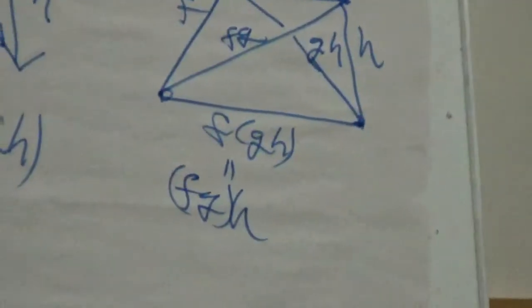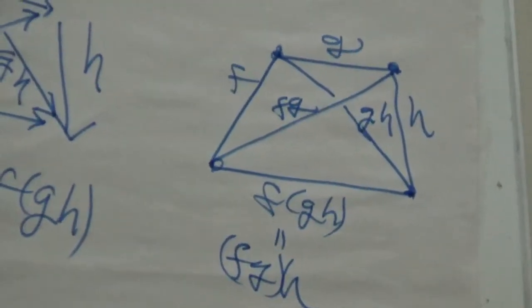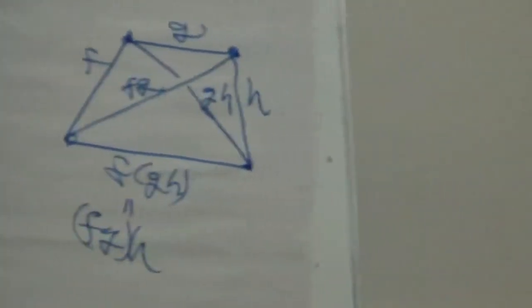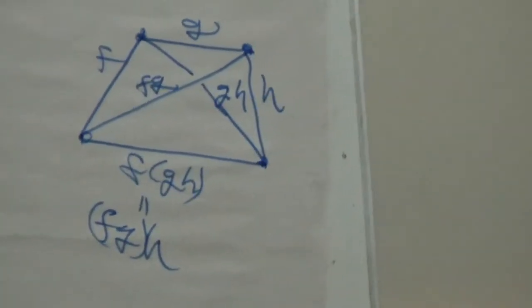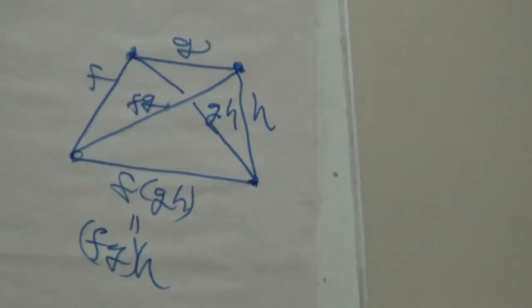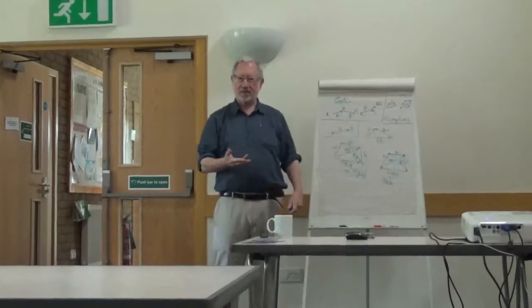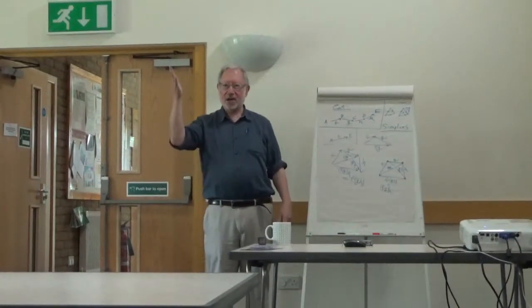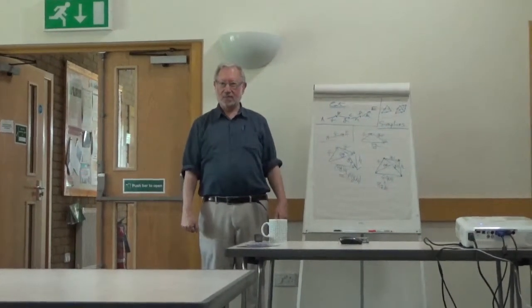And since we're in a category, that fits together and gives me the unique morphism there, and it's a simplex. So, if I have 3 morphisms, then I get a simplex, and if I have 4, then I'll get the next higher dimensional simplex, and so on up the line.